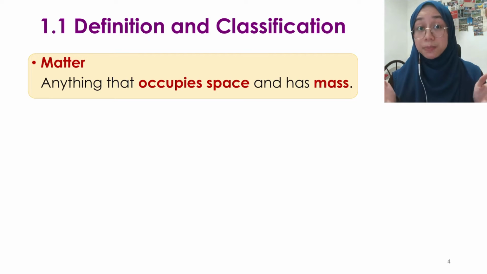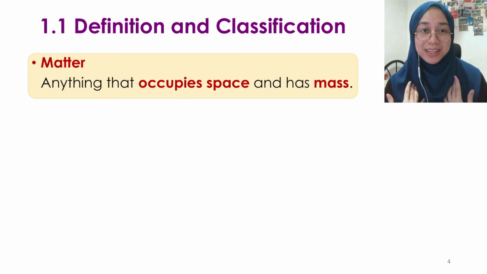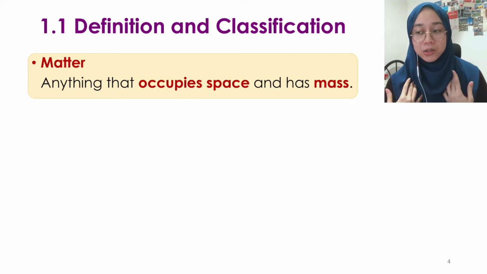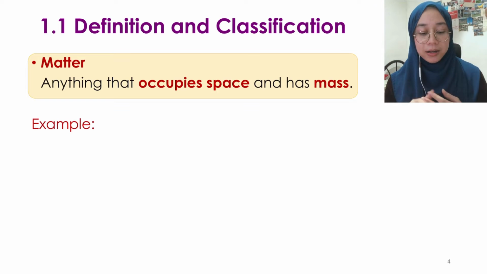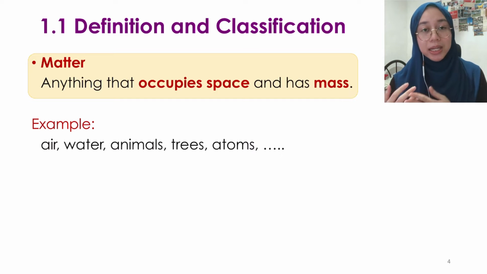Therefore, it occupies space. And for mass, go and weigh yourself. We have mass, right? So it is proven that we humans are matter. Other examples are air, water, animals, trees, and atoms. They are all matter.